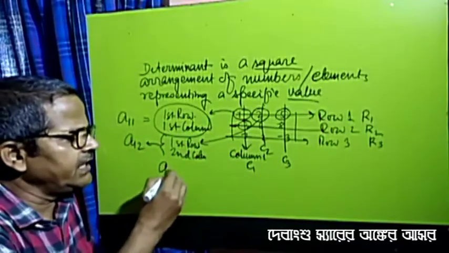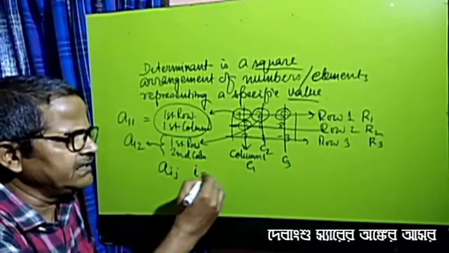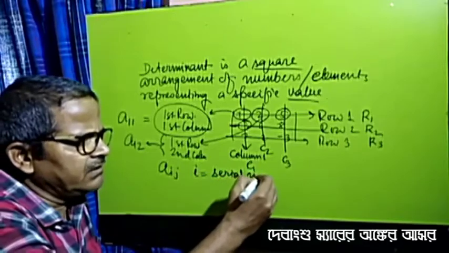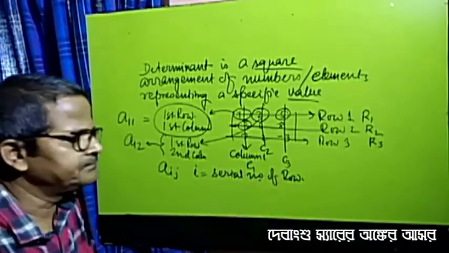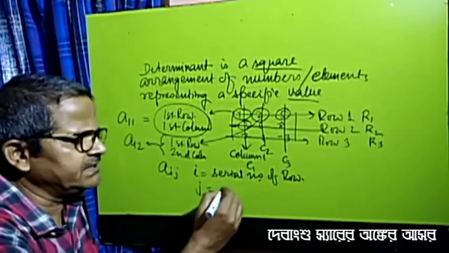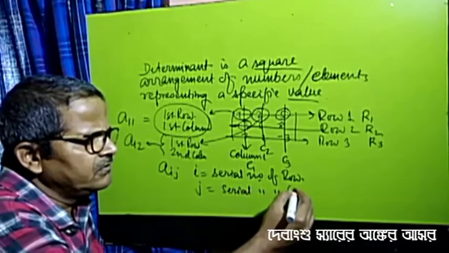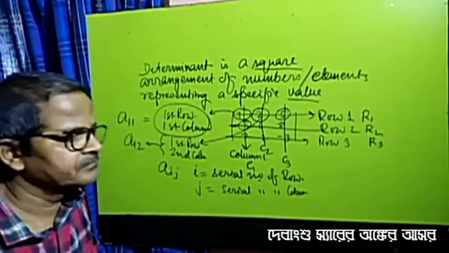So in Aij, i is equal to the serial number of the row, or row number, and j represents the serial number of the column, or column number.